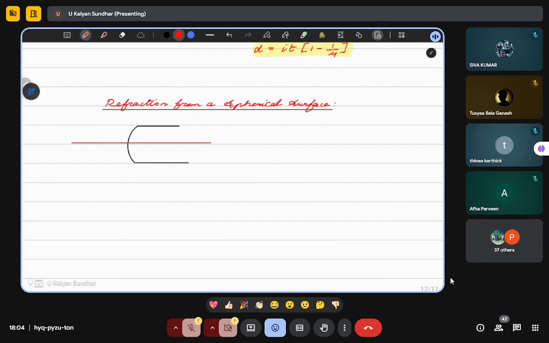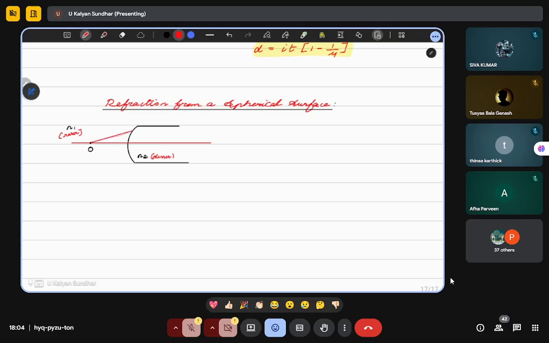I just kept an object here. Refractive index, either N1 or N2, where N1 is rarer, and this is the denser medium.